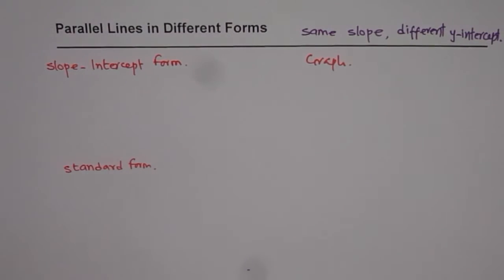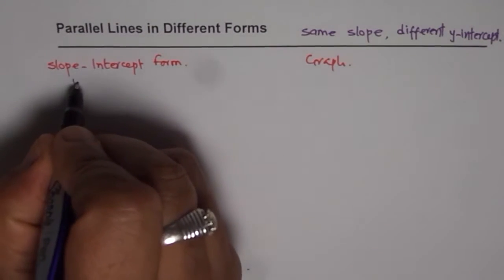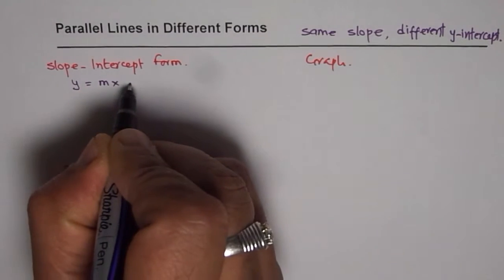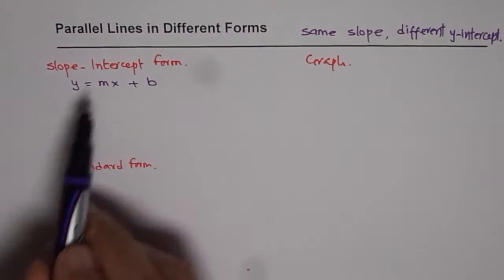Now, to begin with, slope-intercept form basically is y equals mx plus b, where m is the slope.